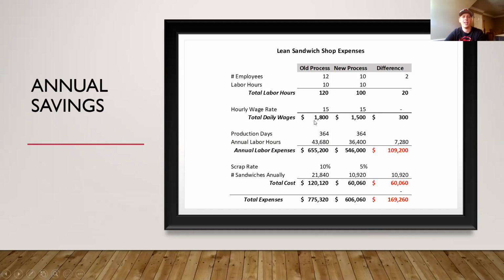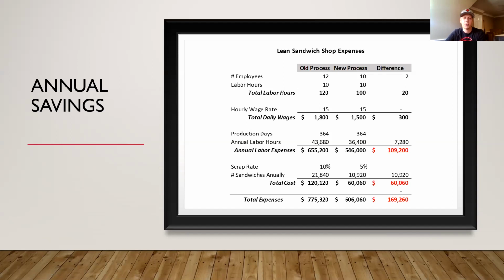That equates to $800 spent daily on just labor, right? The new process, by reducing our headcount by 2, we actually end up saving $300 per day. Now, if we annualize that savings, that's a total of $109,200 just in labor expenses.